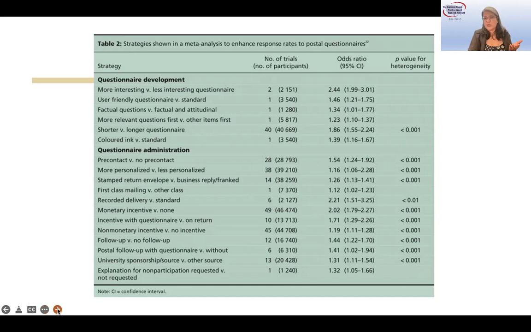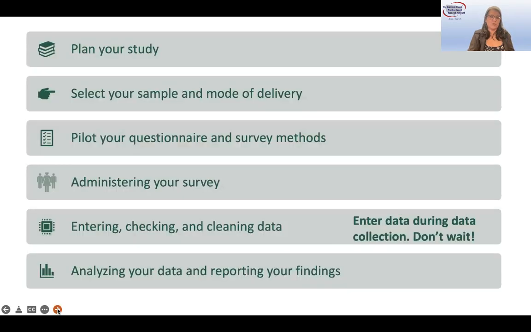So those are suggestions on how you could enhance your response rates when you are doing a questionnaire and sending it out via survey methods. Now that you sent your survey, you need to enter the data if you are doing paper. So that's one advantage of doing an online questionnaire or using a tablet. The participant is the one entering the data.